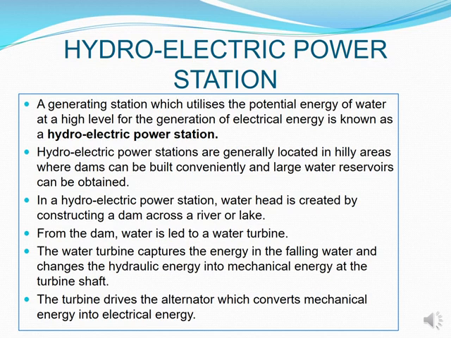The water head is created by constructing a dam across a river or a lake, and from that dam, water is led to your turbine through pipes. The water turbine captures the energy in the falling water and changes the hydraulic energy to mechanical energy of the turbine shaft. Your turbine then drives your alternator, converting that mechanical energy into electrical energy.